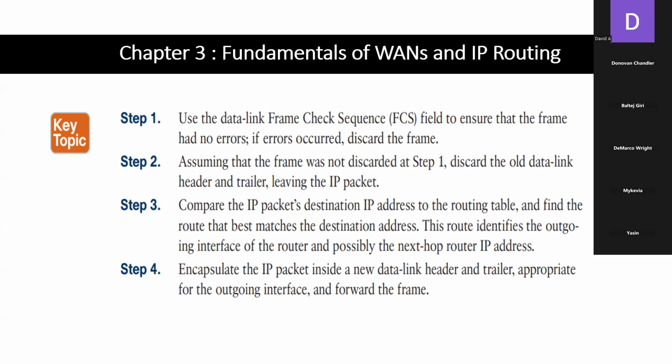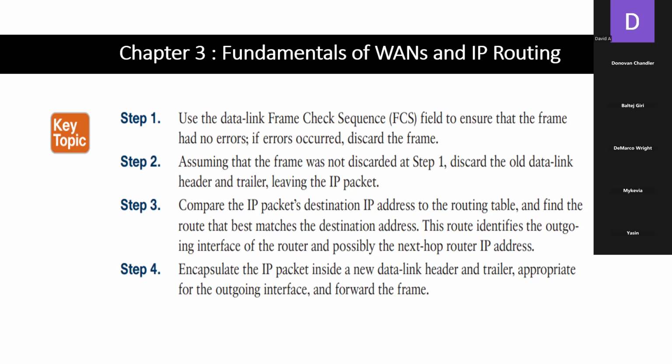The router is then going to say, step three, compare the IP packet destination's IP address to the routing table, right? So the router is going to say, I see the destination IP address within this packet. Let me see if I see this within my routing table.